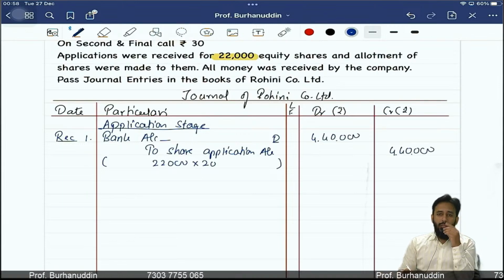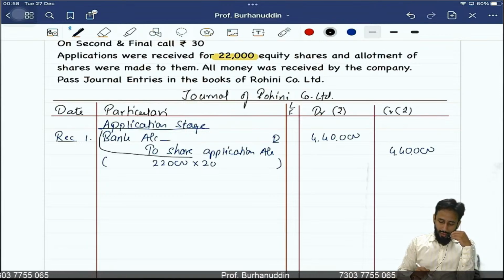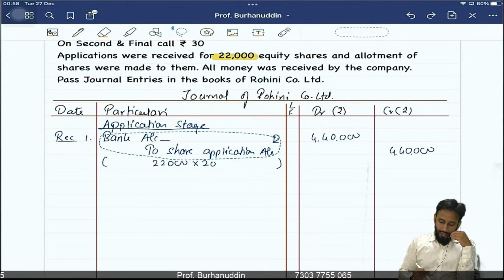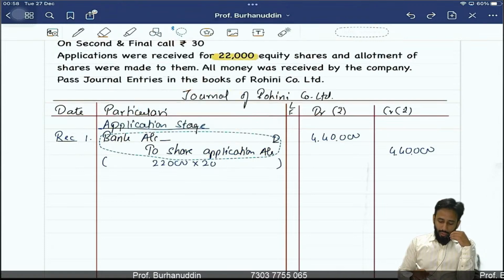I need not remind you every time that narration is very much important. This journal entry will definitely get you marks, so you will have to write this. I'm not going to write it with the blue pen; let me make it black, otherwise you will say, sir, we need not write this in the exam either. No, this is the one that is going to get you marks.